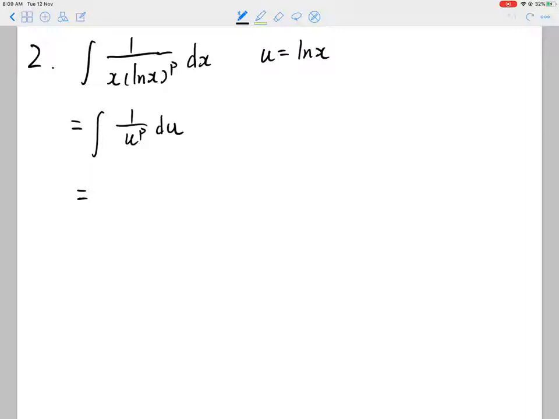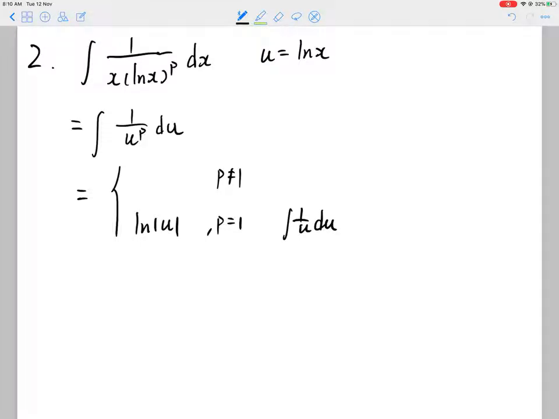There are only two cases, right? First, if p is 1, and if p is not 1. If p is 1, which means it's the integration of 1 over u, the answer is log absolute value of u.